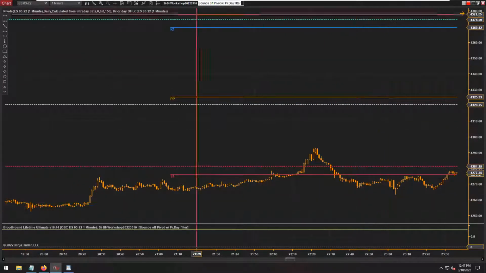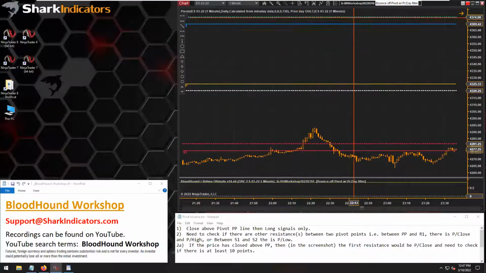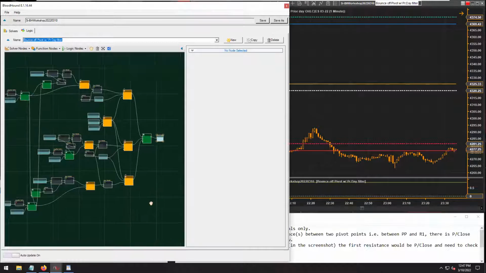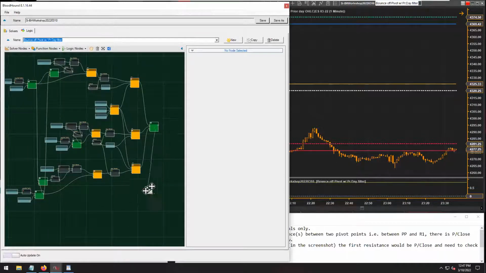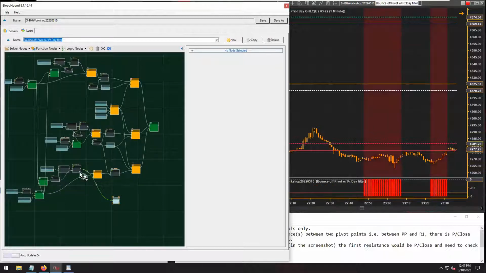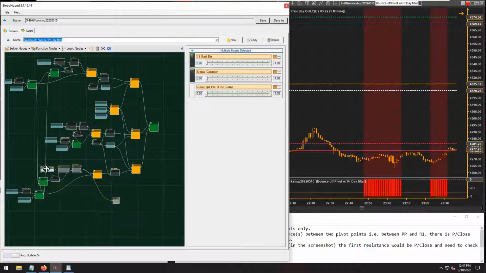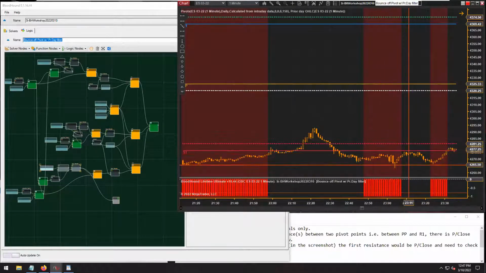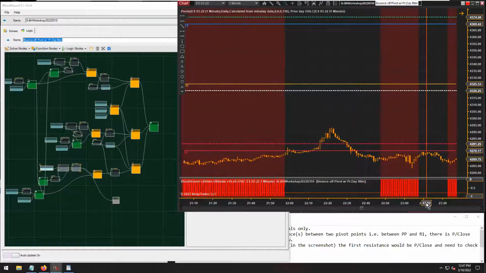We can actually verify that. So if we open up BloodHound, bring our result note in. So let's connect up the separation. Remember, this is our separation logic here. And yeah, so we did get separation. Oh, yeah, so I was right.